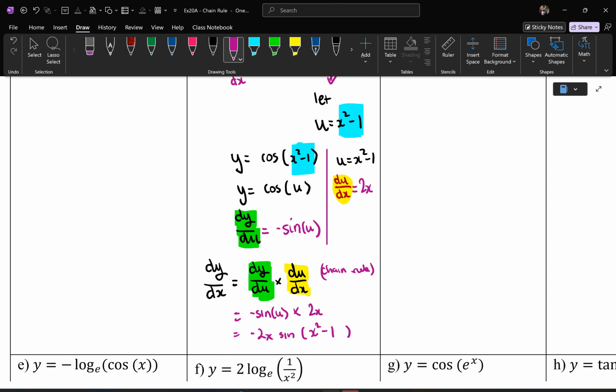So if you want to find the gradient of a cos graph, of cos of x squared minus 1, you just need to know where on that graph you want it. At x equals 1, at x equals 2, you sub it in to find the gradient. But this is just a formula to find the gradient. Derivative is the gradient function.